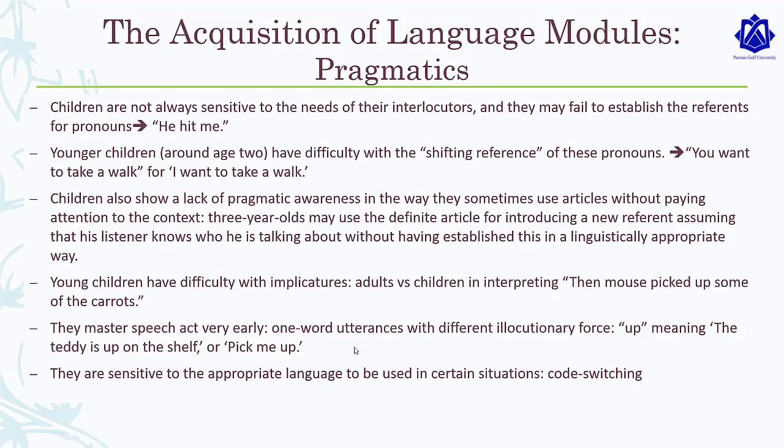Implicatures are very difficult for children to interpret. For example, experimenters have shown children a picture in which a mouse is fond of eating vegetables, and then that mouse picks up all of the carrots.